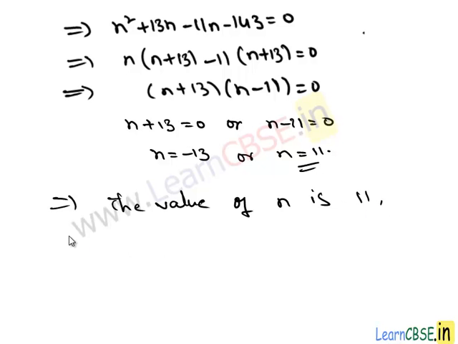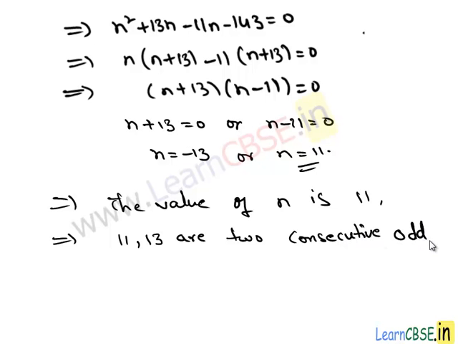So the next consecutive odd number is 13. So 11 and 13 are two consecutive odd positive integers whose sum of the squares is equal to 290.